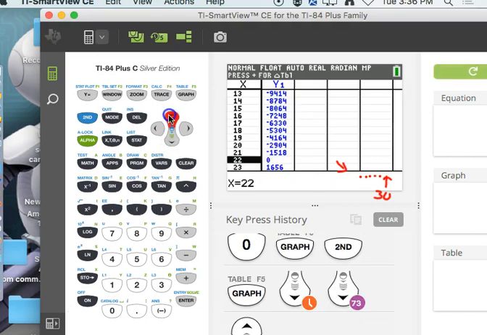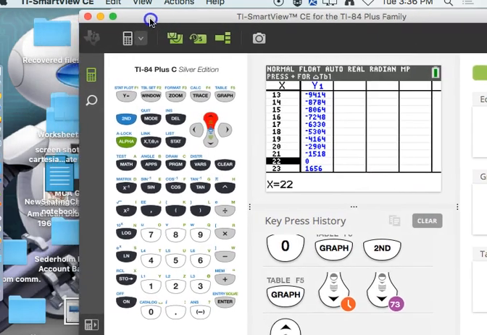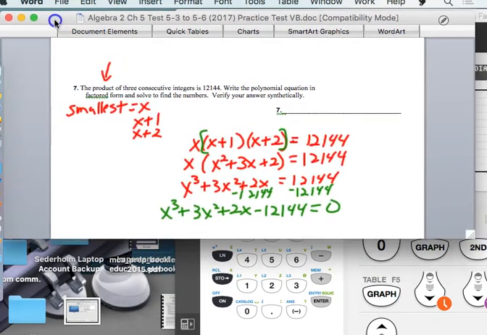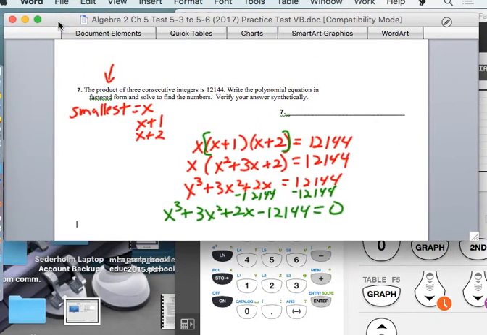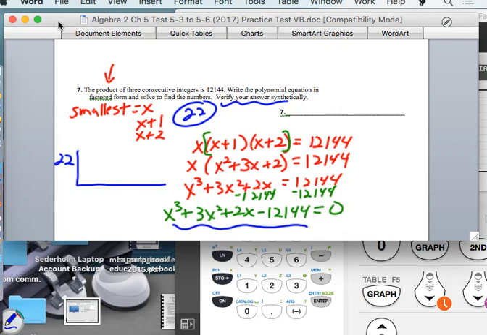There we are. So, at 22, we do see our 0. Now, we're only human. We may have punched something in wrong. So, go over here, and we write down that we're pretty sure it's 22. But that's why this says verify your answer synthetically. We have to make sure that 22 is going to work in our polynomial.